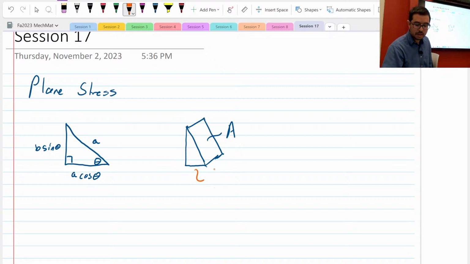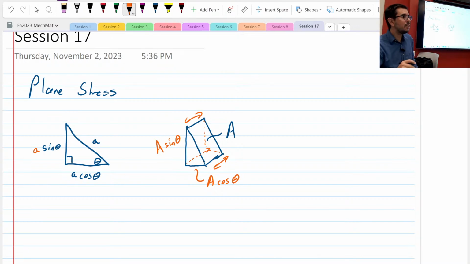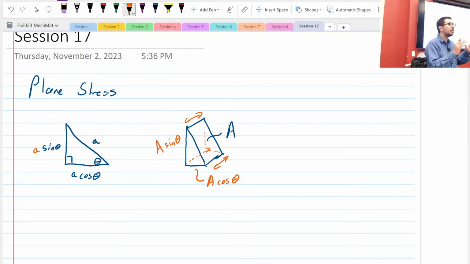Assuming that this length, this length, and the length back there are all the same, what would be the area on that side? It's not a trick question. The same, right? It's big A here, and this side is going to be big A, on that side as well. So when we think about cutting elements in a few minutes, we're going to use this principle.